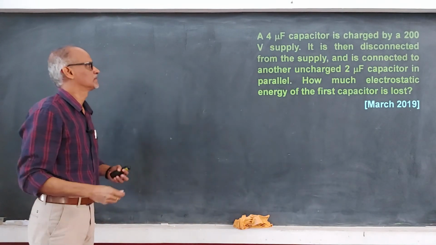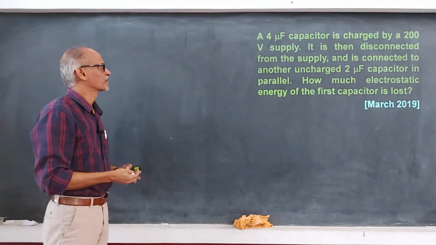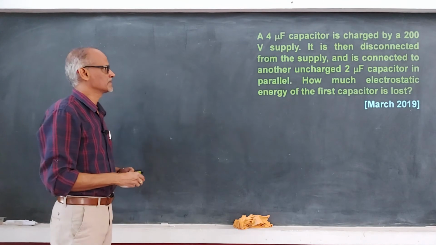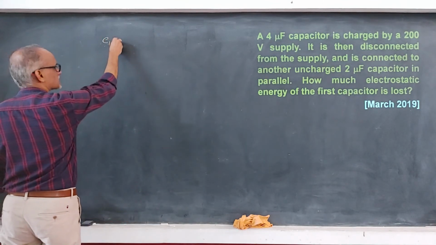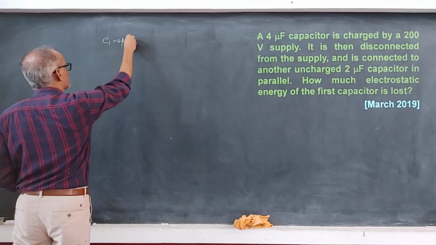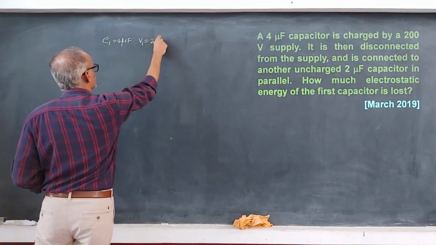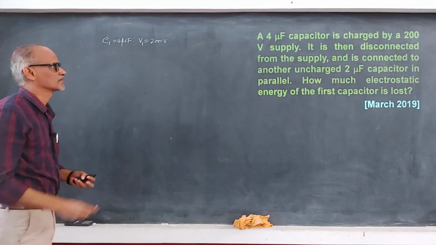Go through the statement. A 4 microfarad capacitor is charged by a 200 volt. So first capacitor C1, 4 microfarad, charged to 200 volt supply.